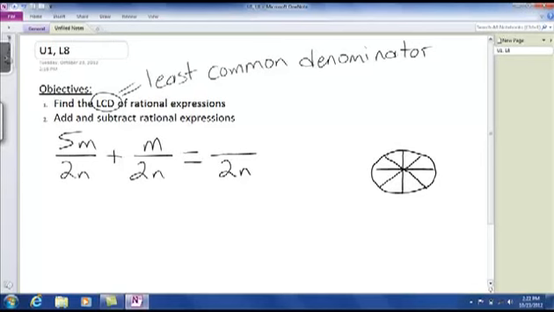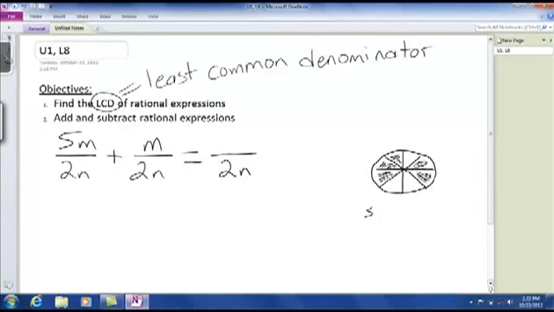Well, if I eat 2 of these pieces, sorry about that, my tablet keeps playing games on me. If I eat 2 of these pieces, so I'm going to eat this one and this one, and then my friend comes over here and he eats 3 of these pieces. Okay, well, how many pieces have we eaten?